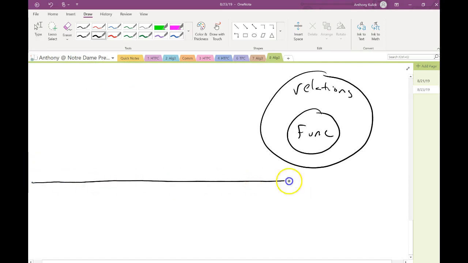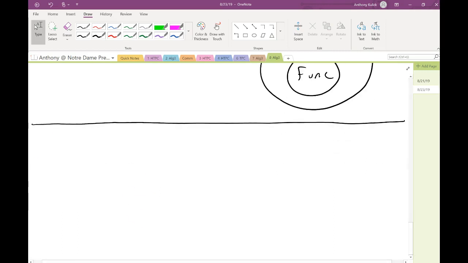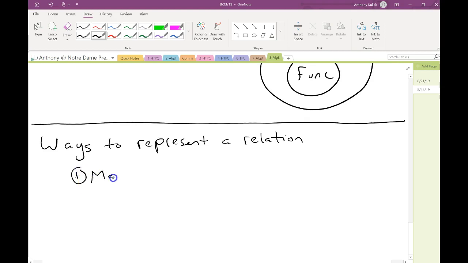So what I want to talk about is some of the different ways that we can represent a relation, and then we'll look at how to tell whether that relation is a function or not, depending on the form. Okay? So the first way that we'll talk about is a mapping diagram.